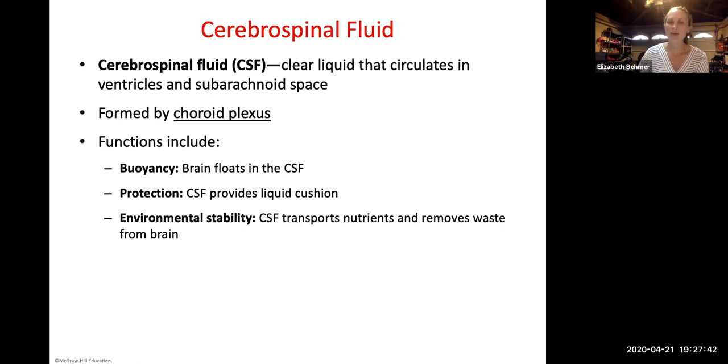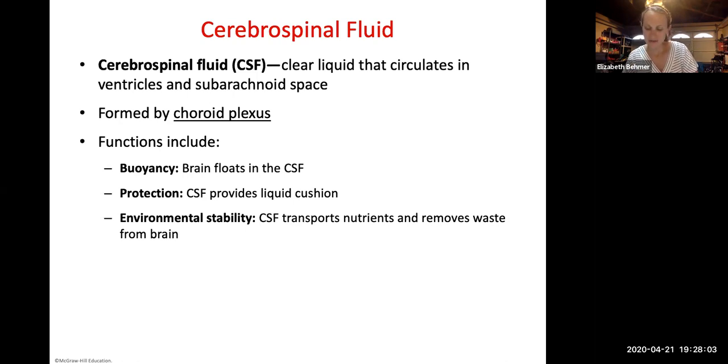It's formed by the choroid plexus, and I underlined that because that is number 7, and that'll be an exam question. What forms the cerebrospinal fluid? And that's the choroid plexus. I'll try to show you a picture of that after this slide.